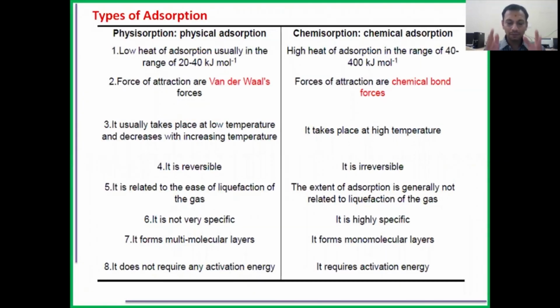If you talk about catalysis, there is physisorption, that is physical adsorption, and chemisorption, that is chemical adsorption. Without taking much time, I want to tell you that physisorption usually takes place at low temperature and decreases with increasing temperature. But chemisorption takes place at higher temperature only.